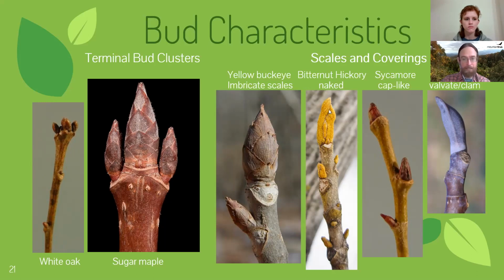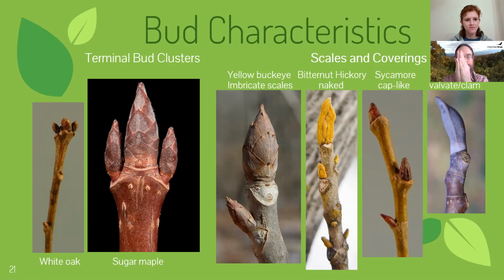And so bitternut hickory, this tree here that my cursor is over with the yellow, you can almost see the leaf structure here. The little fingers at the tip of the buds are those compound leaves in early development. They have a yellow fuzz on them, but they have no scales. Also, the tulip tree, this is known as valvate buds. A lot of the naked buds are valvate, where you can see two bud scales coming together like so.